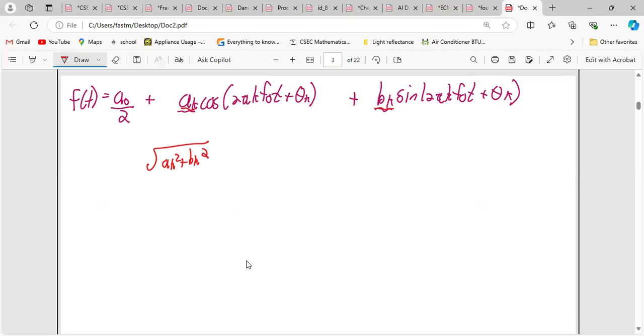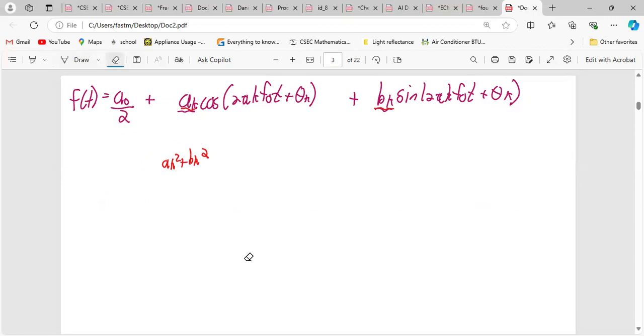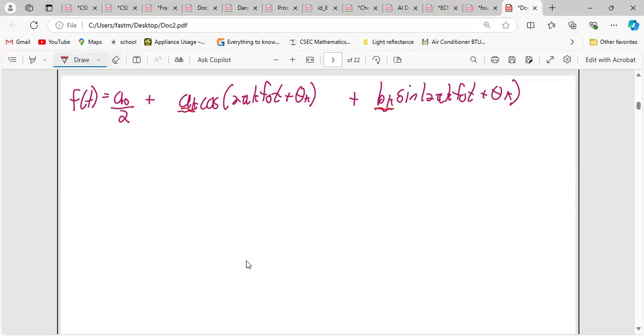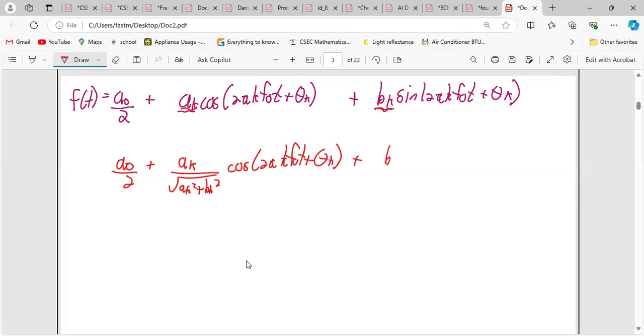When you go through that piece of the derivation, you just end up with a naught on 2 plus ak squared plus bk squared, and you have the cos. And you end up with the same thing for bk divided by what you wanted to add.